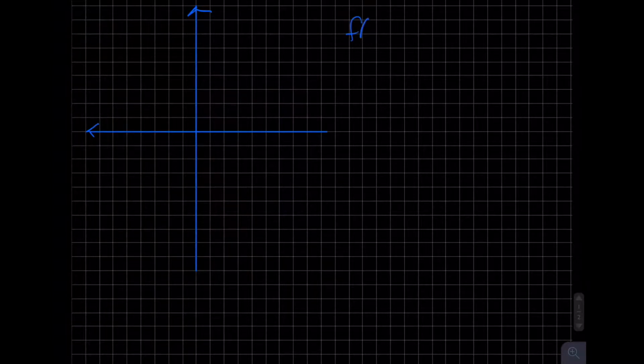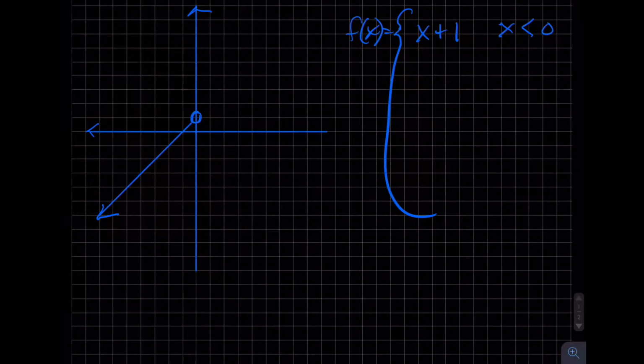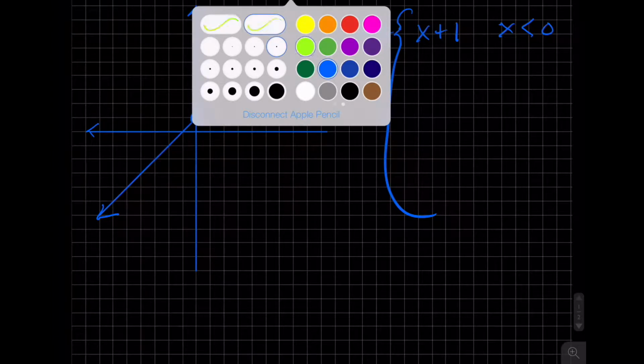So for instance, if the function I want to define equals all these functions, let's say x plus 1 for x less than 0. And so x plus 1 for values less than 0 looks like this. Open circle at 0, and all the numbers less than 0 will follow the function x plus 1. Let's grab a different one.